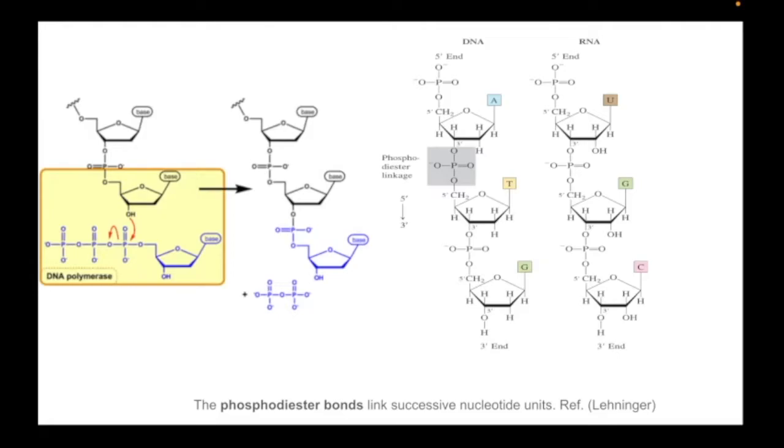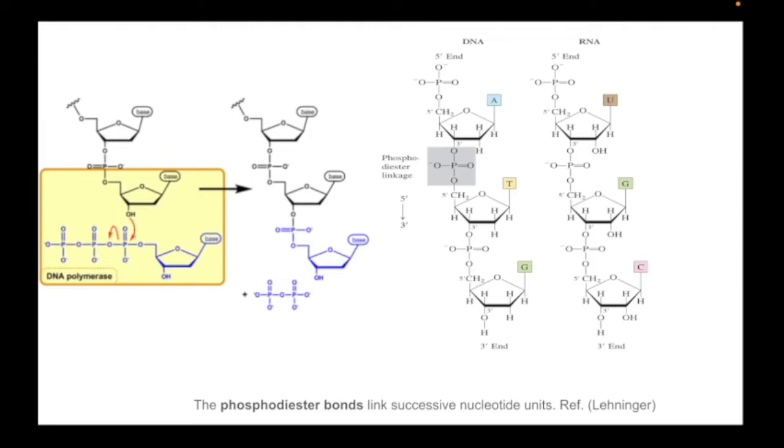During the formation of a phosphodiester bond, the phosphate group, which is present at the 5' position of the carbon, forms a phosphodiester bond with the 3' OH group of the first nucleotide. This is a condensation reaction in which a molecule of H2O is released and two phosphate groups are released in the form of pyrophosphate.